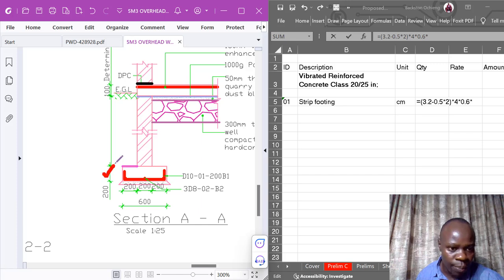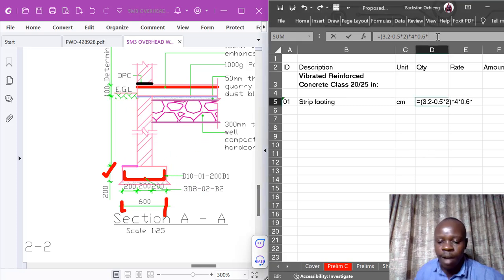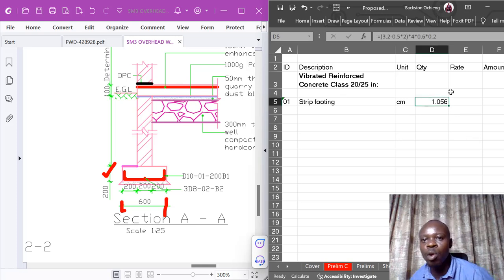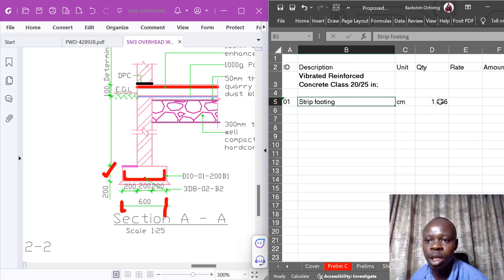Here is the depth, and of course this is the width of the strip footing. So I multiply the total length times the width times the depth of 0.2. This should give me the volume of the strip footing.